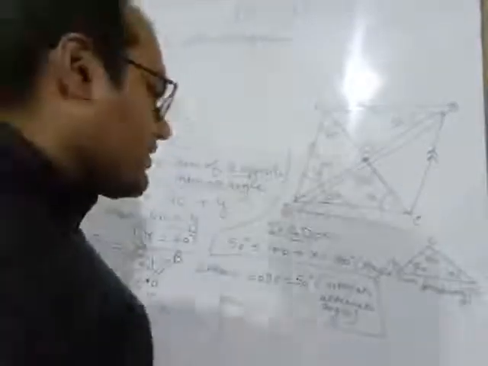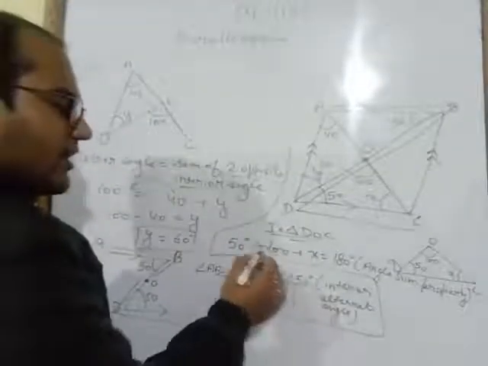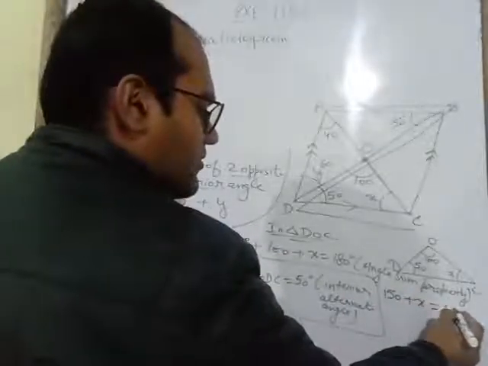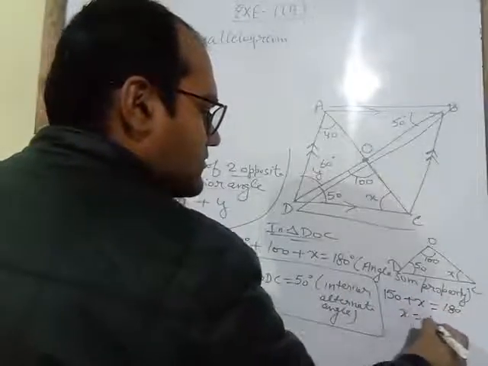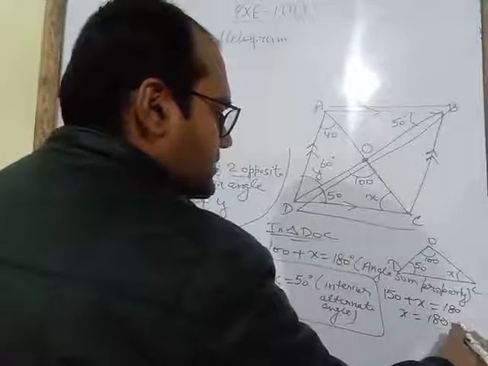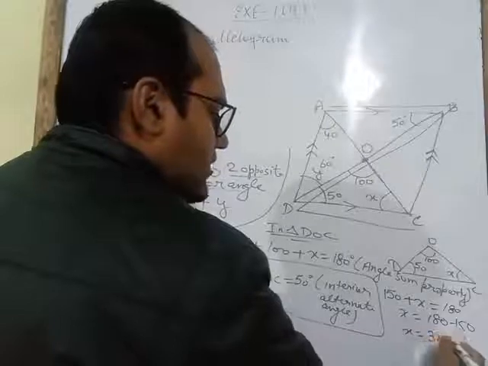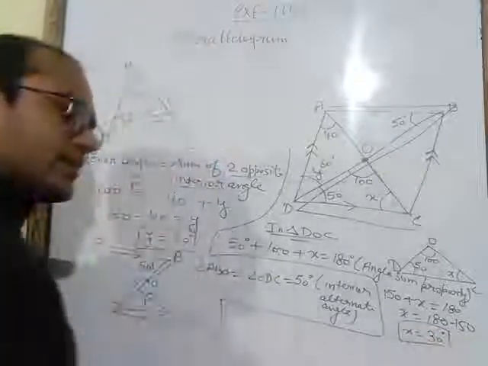Now on solving it, 100 plus 50 will become 150 plus X. So value of X is 180 minus 150. So X answer is 30 degree.